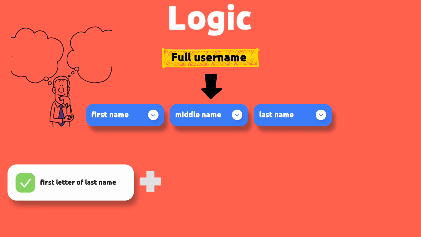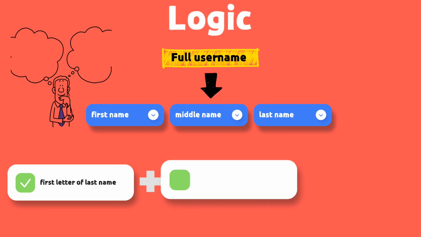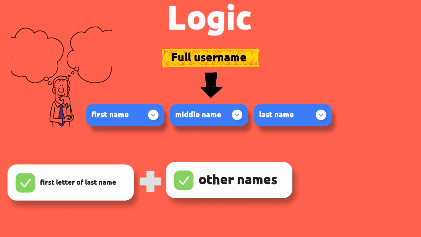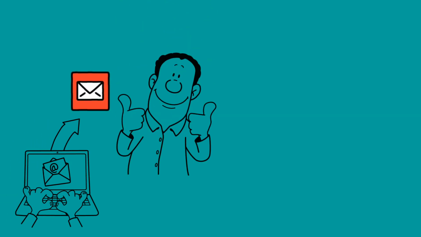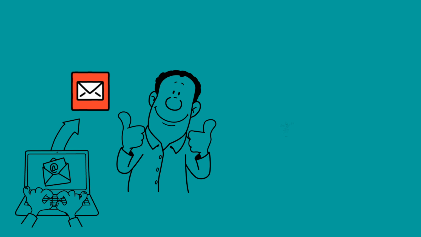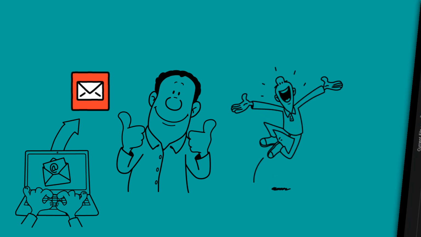After that, it will combine the remaining names together without spaces. And finally, the program will add the email domain such as @companyname.com to complete the email address. With this logic, the program will quickly generate email addresses in a consistent format, helping businesses save time and reduce errors.